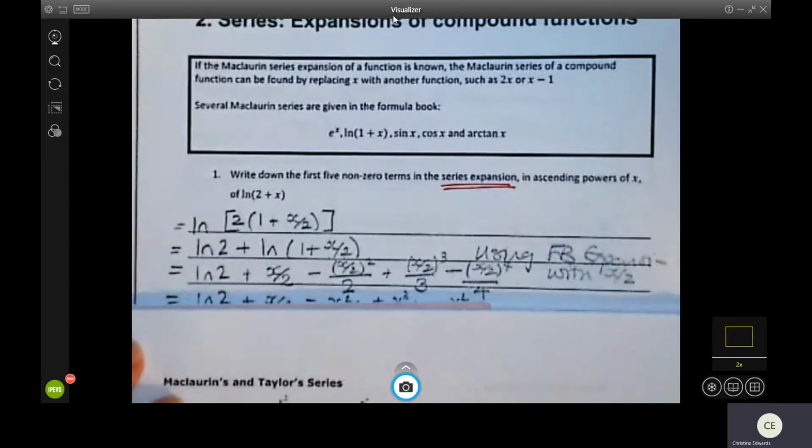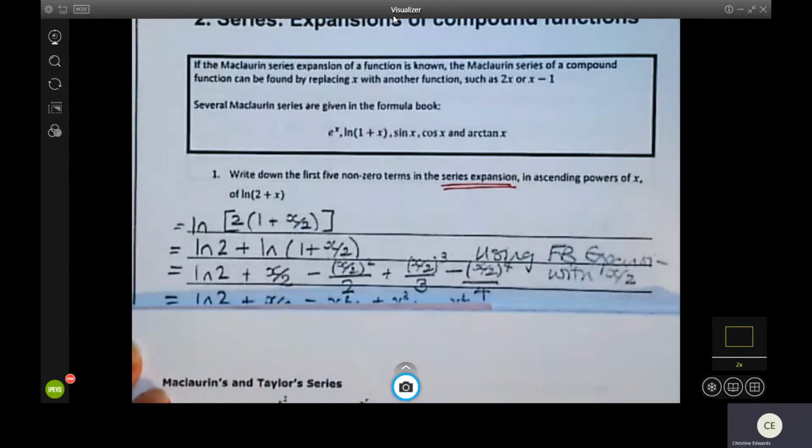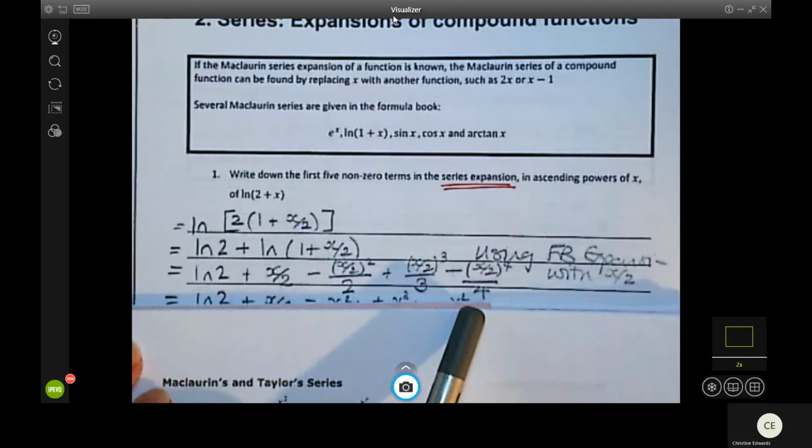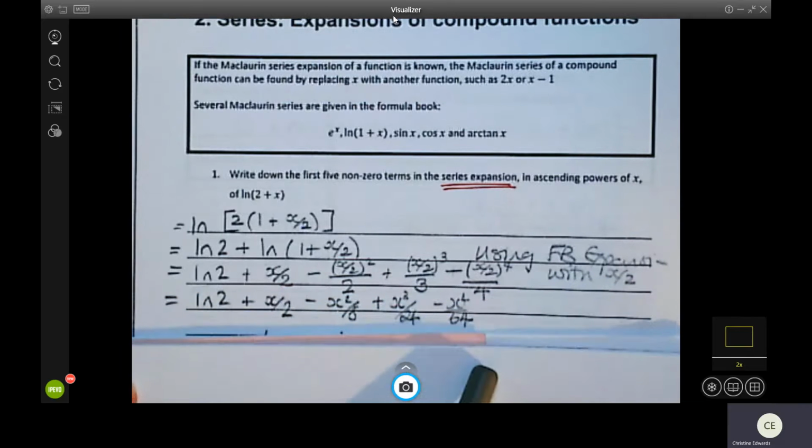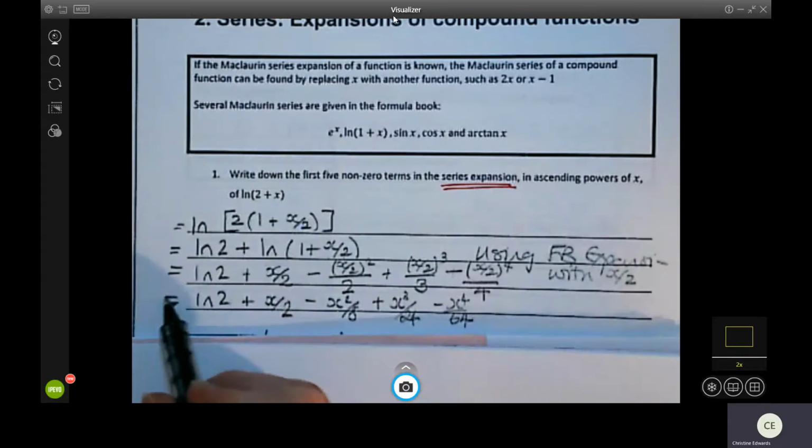So I sub into the formula from the formula book. Wherever there's an x in the formula book, I replace with x over 2. I then simplify, which gives me this approximation here. And these are approximate because we have used a series expansion.